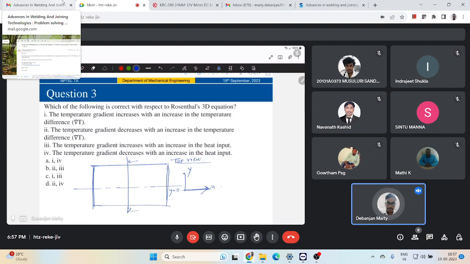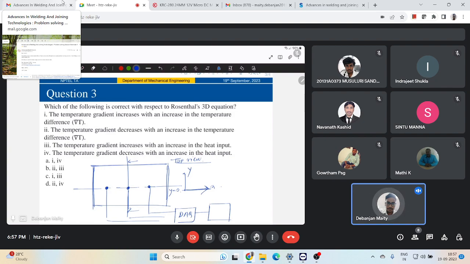Now let's say my thermocouples are connected like this. So these are my three thermocouples we have connected through some data acquisition system, and I see how the temperature evolves over time.